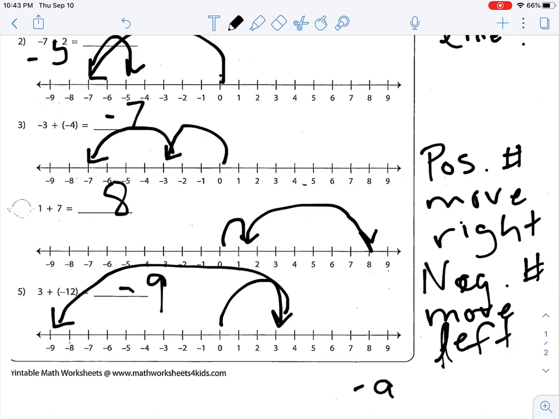And you always start at 0. If you can remember those 3 things, doing these number lines should be a little bit easier.